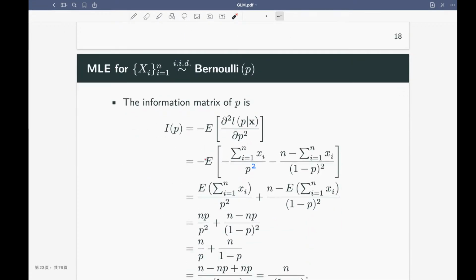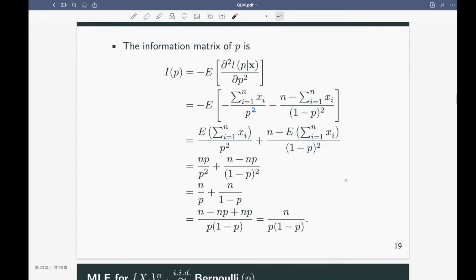Okay, so you can plug in this result here. Now we calculate this information matrix. Negative is positive, and p with a power 2 is a constant. So here we can find this with the expectation. n is a constant. Negative is positive. n is a constant. 1 minus p with a square is a constant.